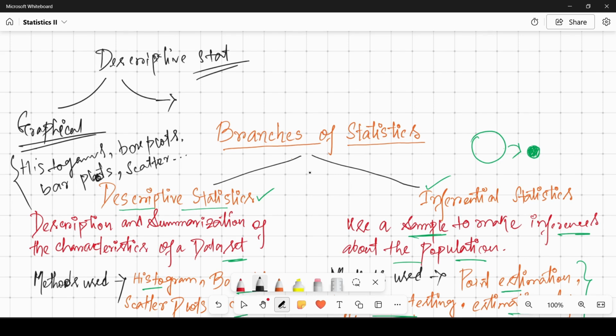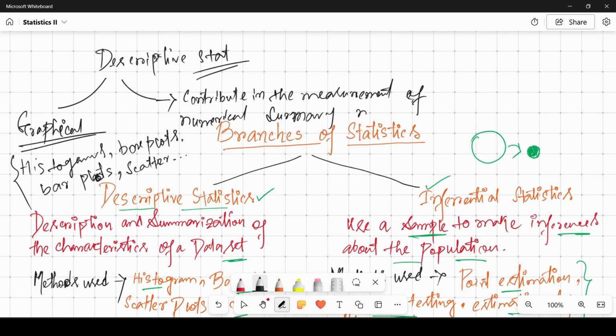And another part would be numerical summary measures. Descriptive statistics will also contribute to the measurement of numerical summary methods.